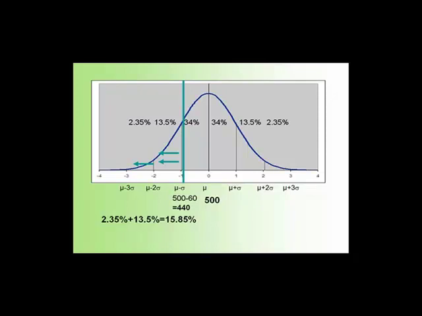The 2.35% plus the 13.5%, for a total of 15.85% of the people who were in the study. Multiply that 0.1585 times the number in the sample, 10,000, for an answer of 1585. 1,585 people are considered reading deficient in this particular sample.